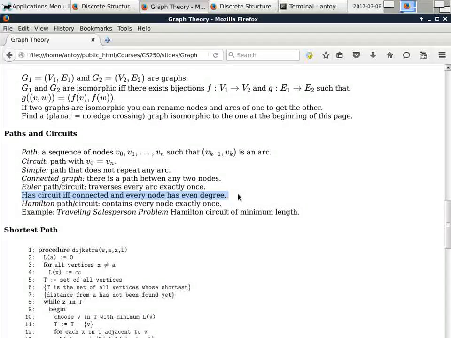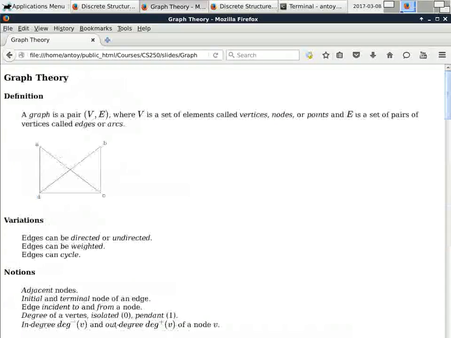So if we look at the initial one, is there an Euler cycle for this one? No, because there is a node of degree 3, which is not even. So basically, if you start from D, you can never go back to D across all the edges, right?